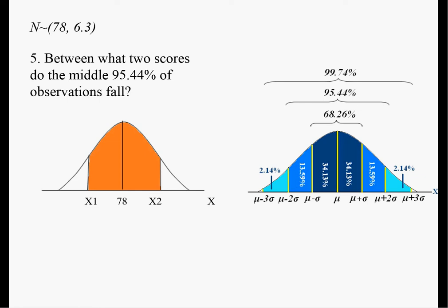Understand the question. Obviously, this question gives us this condition that the interval bounded by two values, x1 and x2, has a size of 95.44%, then what are the values of the lower bound and upper bound?